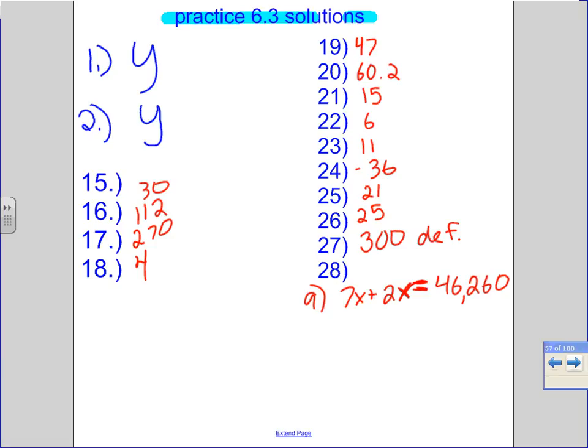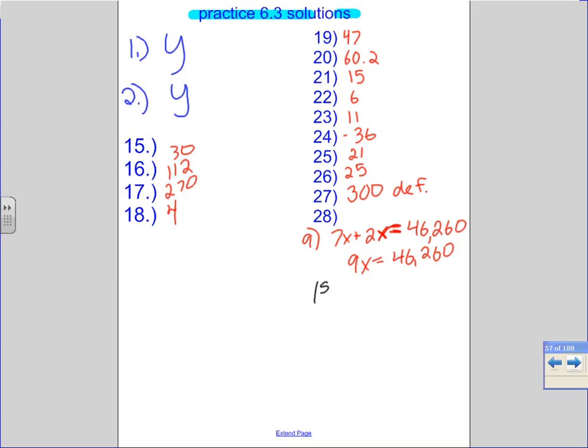Yep. So after you combine like terms, we get 9x equals 46,260. So we know then the answer here, you had to find how many first class stamps there were and how many postcard stamps there were. So Charles, what did you get for first class stamps? Good. And how about postcard stamps?